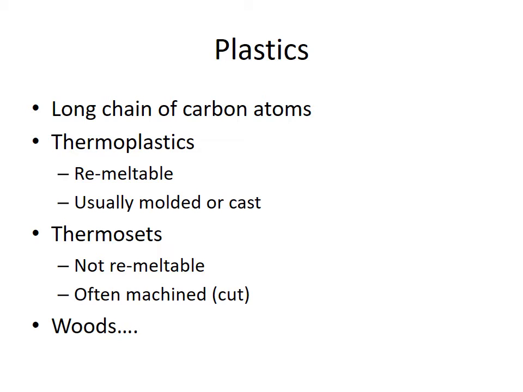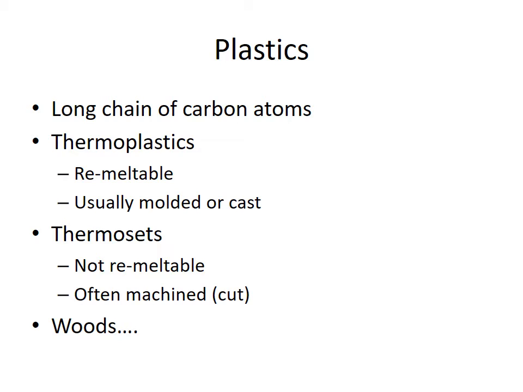Now, in artificial plastics, you have two categories. You have thermoplastics and thermosets. The thermoplastics are remeltable, reusable, recyclable. You can usually mold them or cast them. Injection molding, we'll be talking about some of these kinds of processes later on in the course.